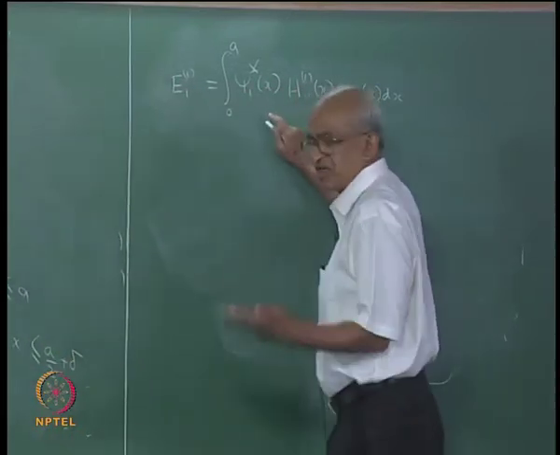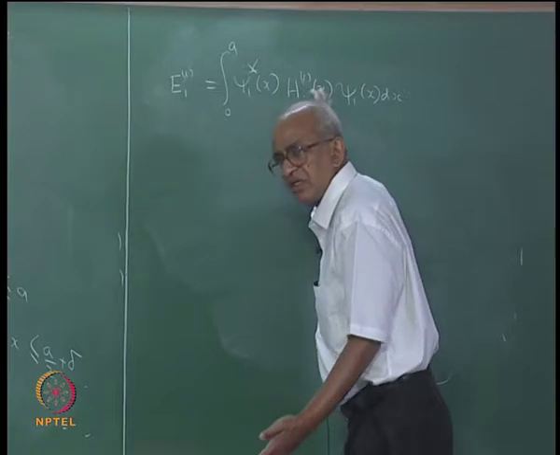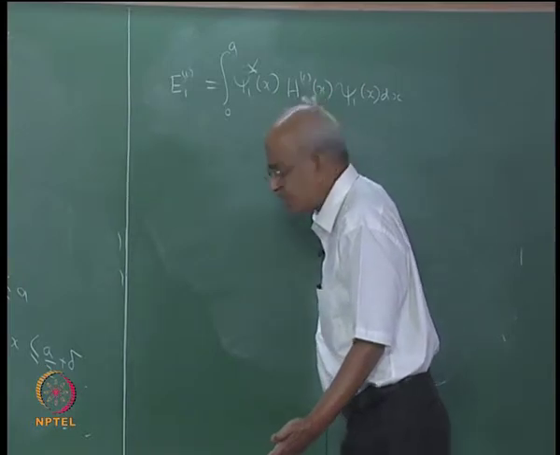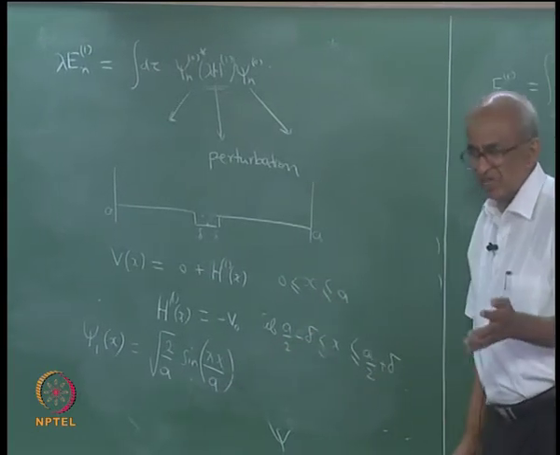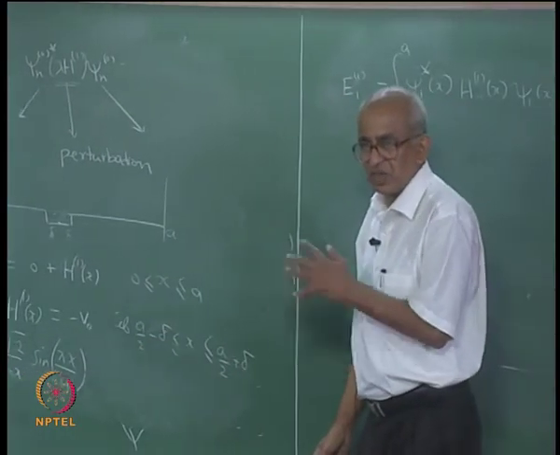First order correction to the ground state energy is nothing but the expectation value of the Hamiltonian. When I say Hamiltonian, I mean the first order correction to the Hamiltonian.